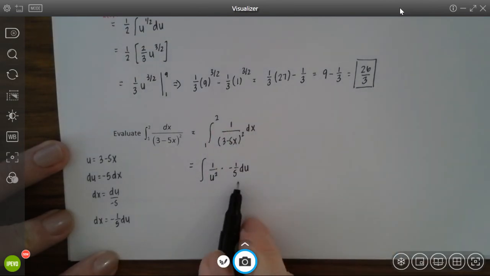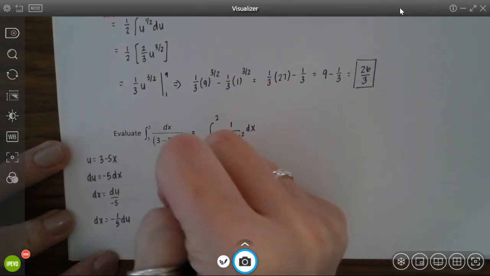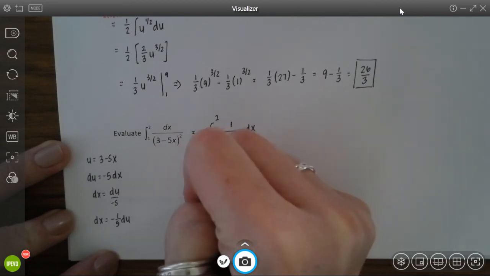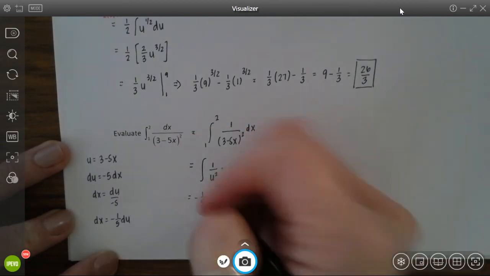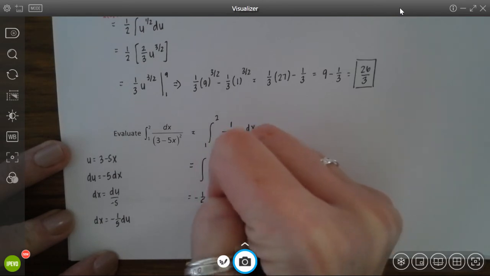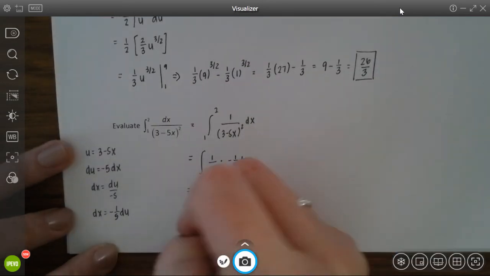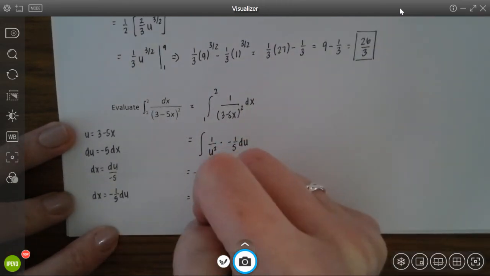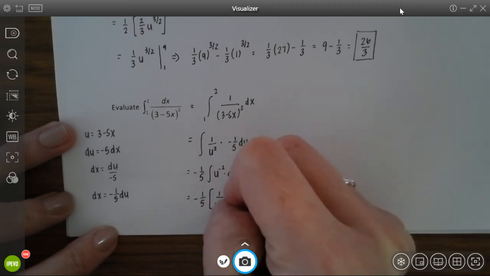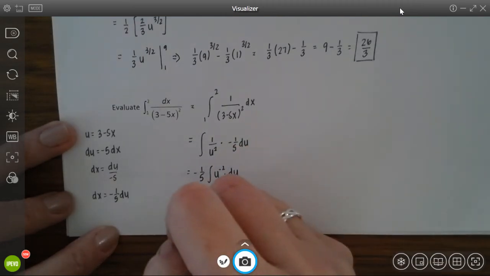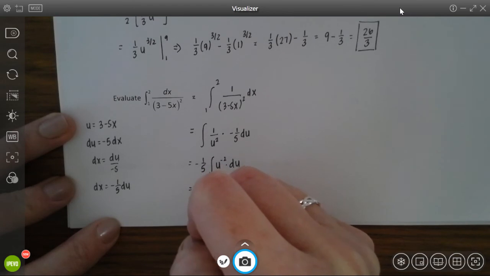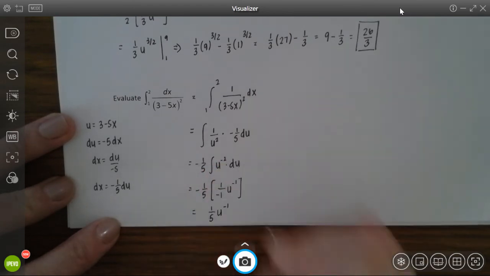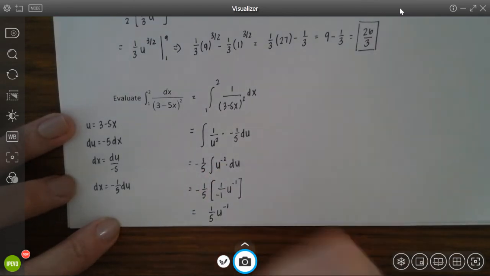Here's my constant that I can pull out front. I'm going to rewrite this 1 over u squared as u to the negative 2 power. And then I'm going to take my antiderivative. That's going to be 1 over negative 2 plus 1, which is negative 1, u to the negative 1. Clean that up a little bit. That's going to give me a 1/5 u to the negative 1.